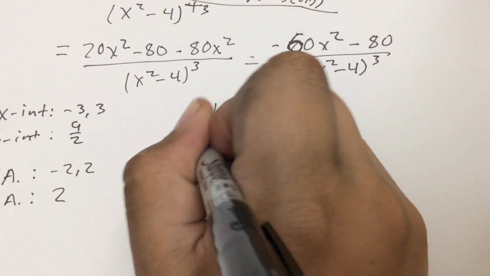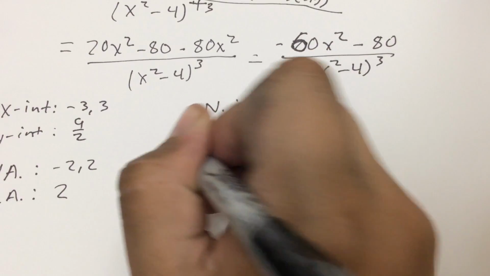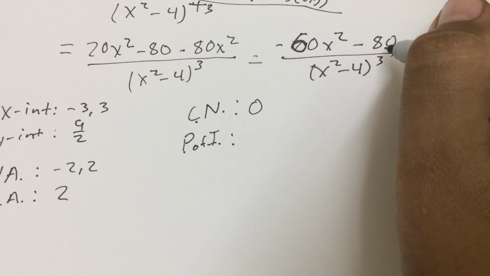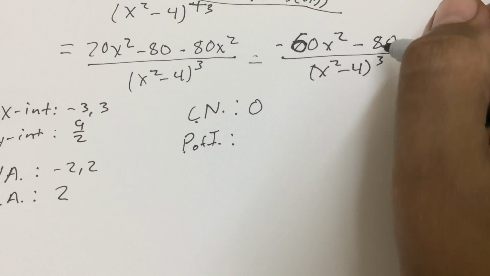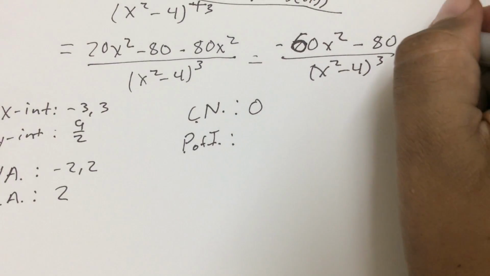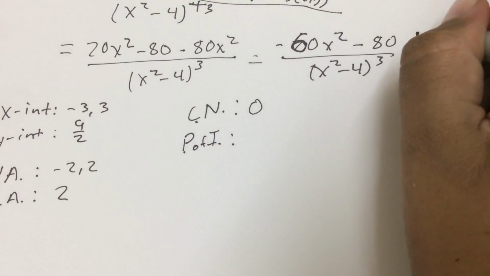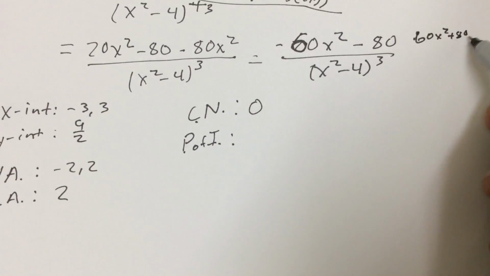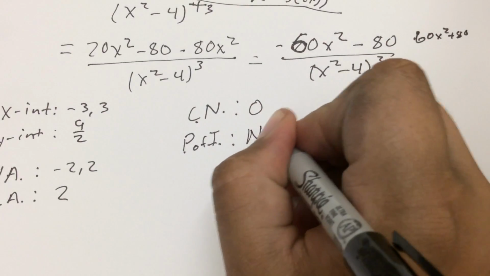My possible points of inflection would be what would make this bottom be 0. If you pull the negative out, you technically have 60x squared plus 80. There's no way that can ever equal 0. So there's going to be none.